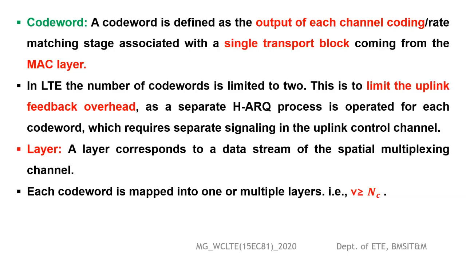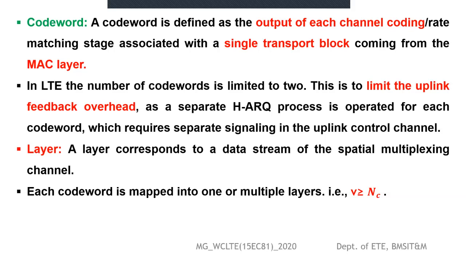Because as we increase the number of code words, the uplink feedback overhead will increase, because the user equipment has to give feedback about the quality of the channel to the eNB. That is done using the hybrid ARQ process. A separate hybrid ARQ process is used for each code word, which requires separate signaling in the uplink control channel.